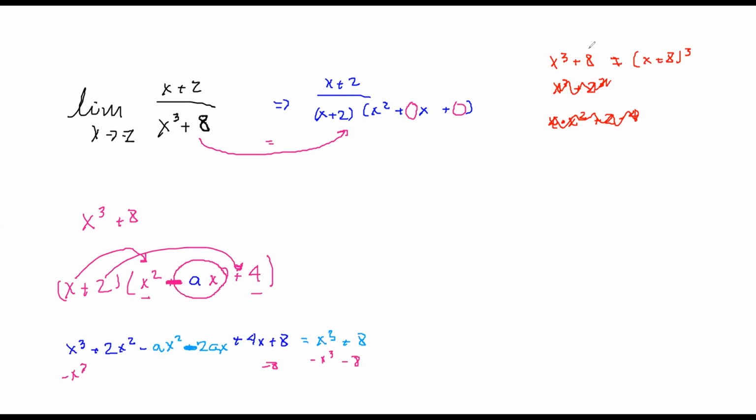So what that leaves me with is 2x squared minus ax squared minus 2ax plus 4x is equal to 0. And so 2x squared minus ax squared is going to equal 0 because there are no x squareds.